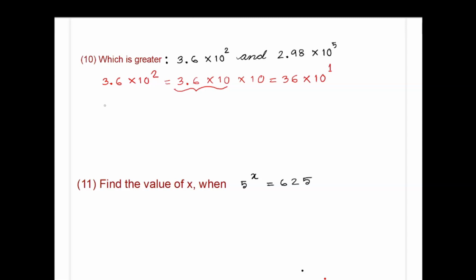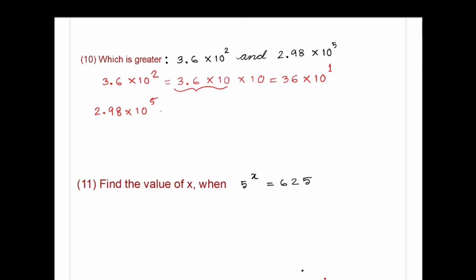The point will be removed, into 10 to the power 1. Okay. And the other number, 2.98. Just we are removing the point first, into 10 to the power 5. Now see, to remove this point, we have to multiply 2.98 by what? 100. Because in 100, 2 zeros. And here also, after the point, how many digits? 2 digits. Understood?